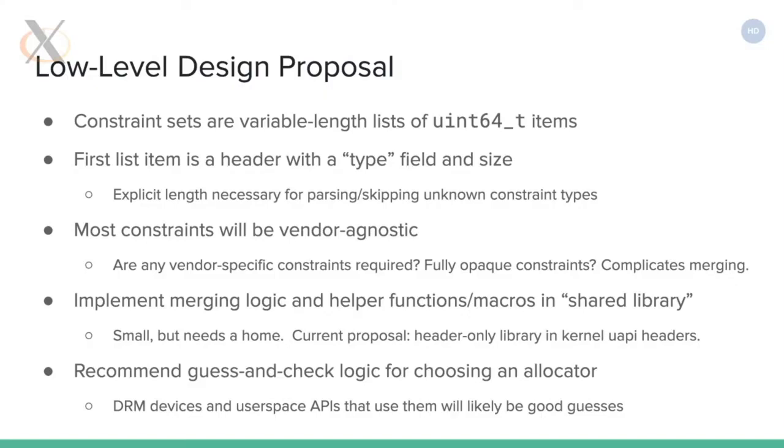So there's another question from IRC. Could the constraint version be simply the maximum known enum value? The maximum known enum value? Enum value, yeah. I assume that means the maximum known type. Yeah, that sounds possible.